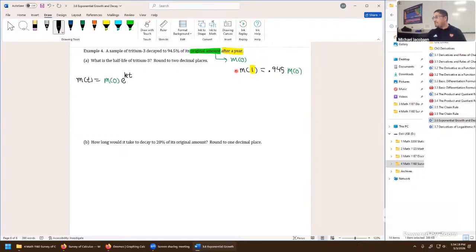Mass at time 1, let's take another look at that. When we do mass at time 1, all we're doing is plugging in 1 for the variable t we see here. So this becomes initial mass, m at 0, e to the power of k times 1.